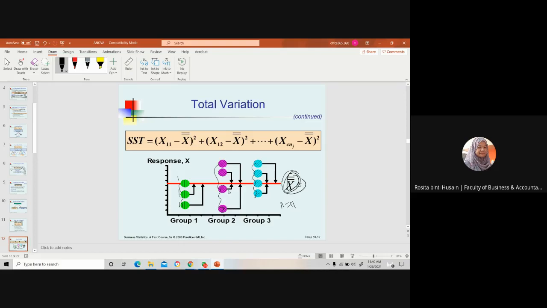Let's say you calculate a value for the grand mean here. Then total variation tests the variation of all items from the grand mean. What is the difference between every item in the groups and the grand mean? Okay, this is total variation.